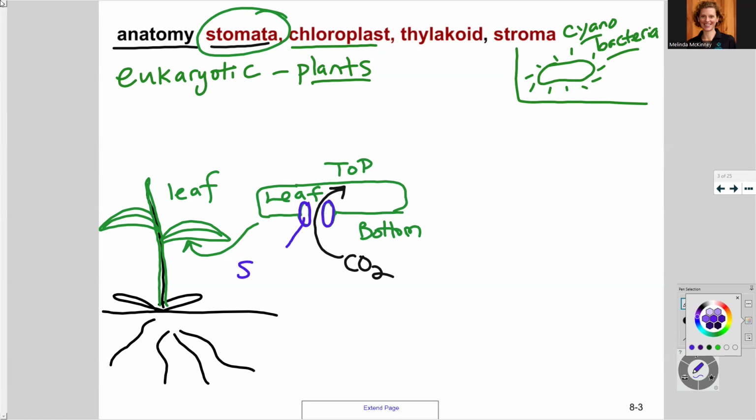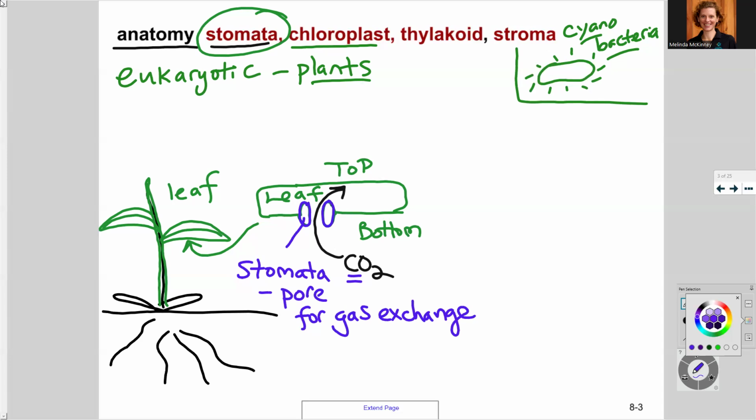So this is a stomata. The stomata is a pore or a hole for gas exchange. In a plant, we're really trying to get carbon dioxide in because that's going to be the carbon that's used to make sugar and glucose.